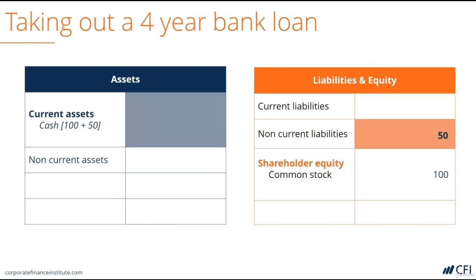The proceeds from the loan come onto the balance sheet as cash, so we now have a total cash balance of 150. 100 from the common stock and 50 from the loan. Now the totals on the assets side and the liabilities and equity side balance at 150. Now we're ready to move on to the next transaction.